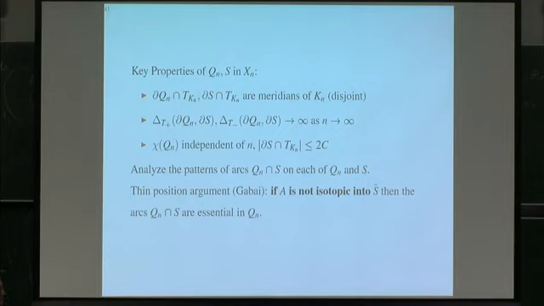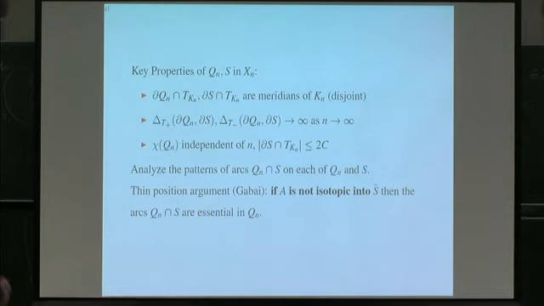Because remember, the boundary components of S are just meridians of L plus and L minus, but the boundary of Q_n was gotten from the boundary of Q by twisting along this vertical surface, the annulus. And so the intersection number of these boundary components is getting larger and larger as n goes to infinity. And there's no intersection between the boundary components of Q_n and S along K_n.